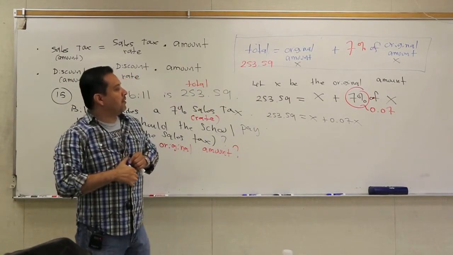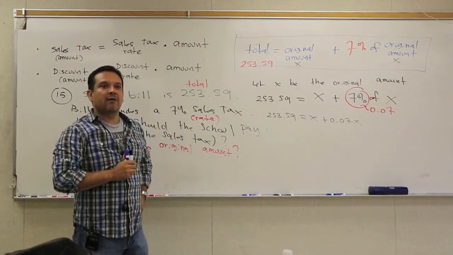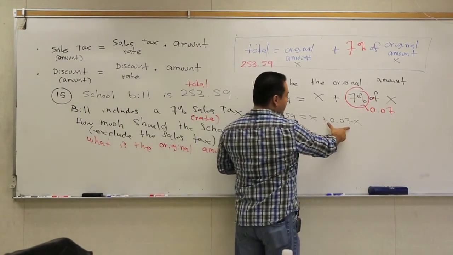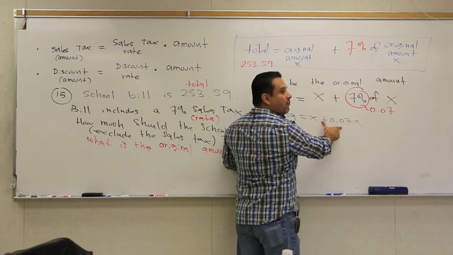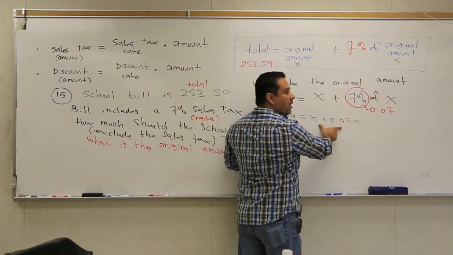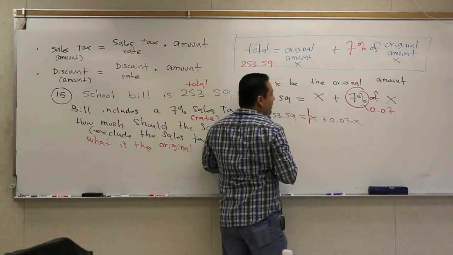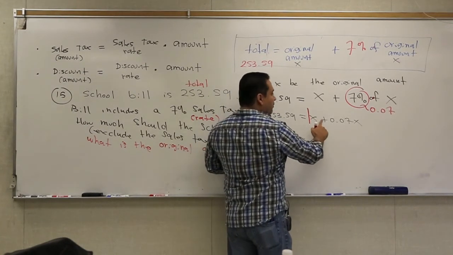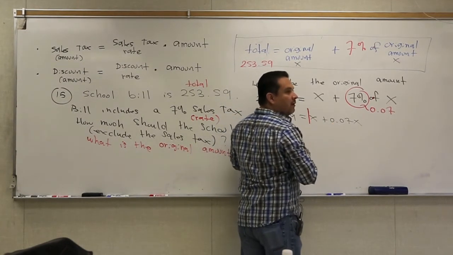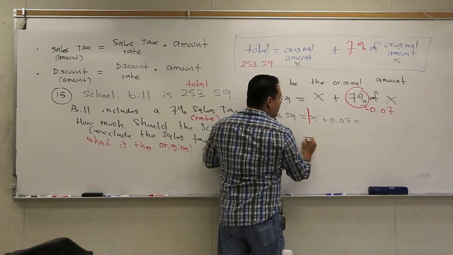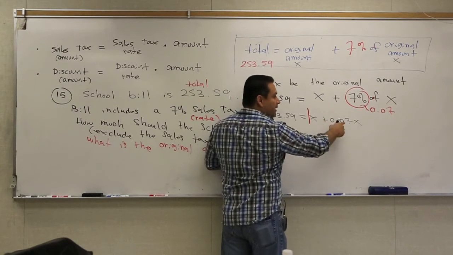So here we go. Could you guys solve that for x? Take a look. What do you have to do to solve this for x? You have to combine like terms. What number's in front of this x? 1. Can you guys tell me what's 1 plus 0.07? Think of money. If you had $1 and you're adding 7 pennies.